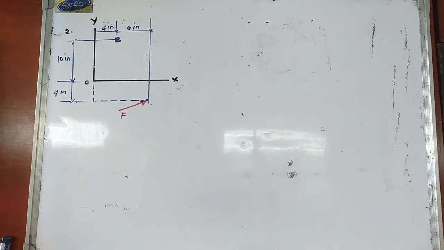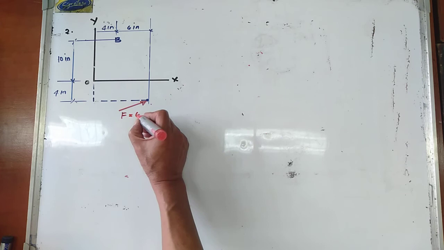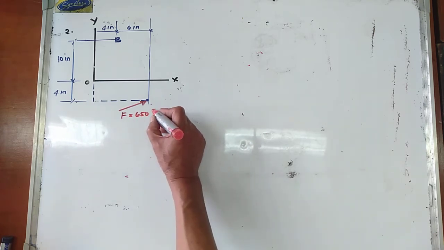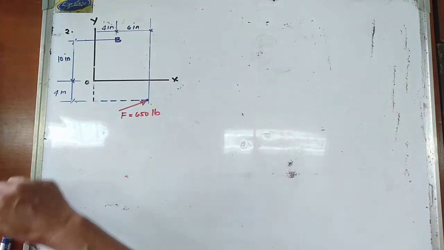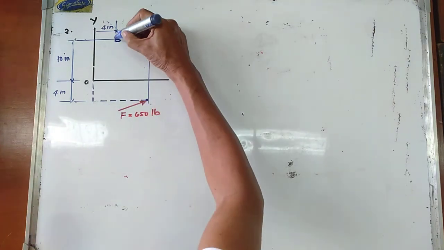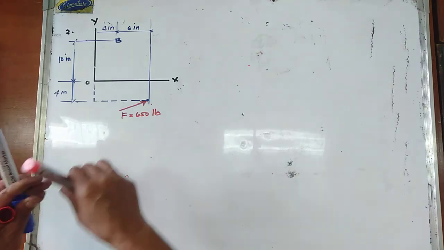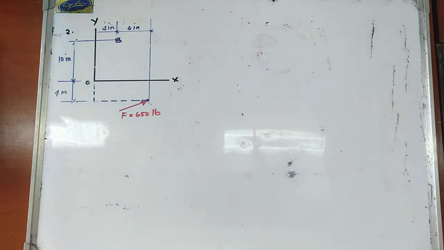Proceed to the next example. Determine the moment of the 650 pound force at point O and point B. So this is your point B. Again, let us try to apply your Varignon's theorem.